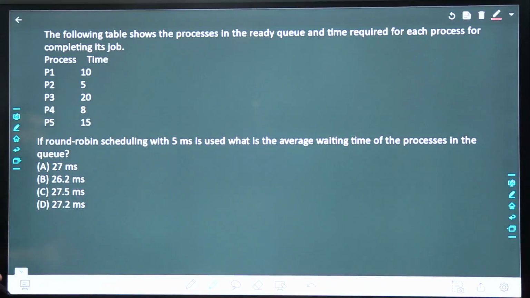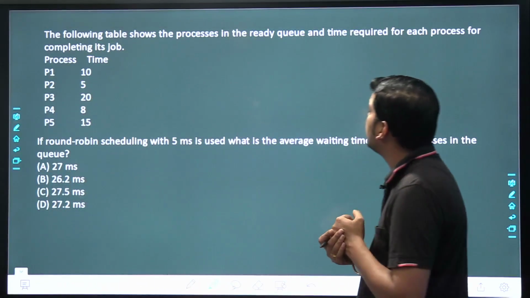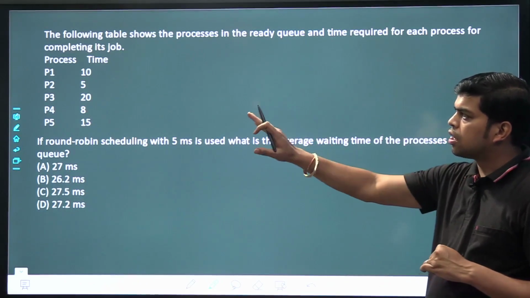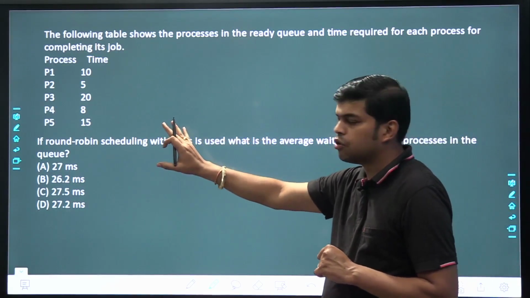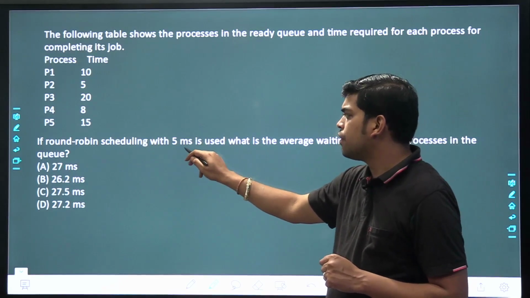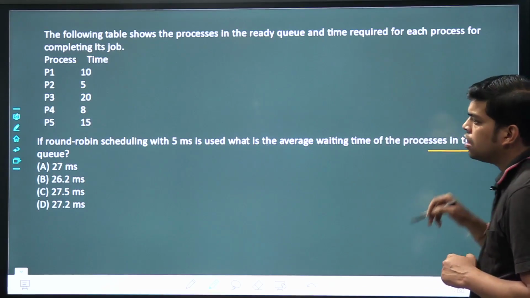Next question. The following table shows the processes in the ready queue and the time required for each process to complete its job. The burst time and the name of each process are mentioned, and all are in the ready queue, meaning all are present in the ready queue. In round robin scheduling with a 5 millisecond time quantum, what is the average waiting time of the processes in the queue?